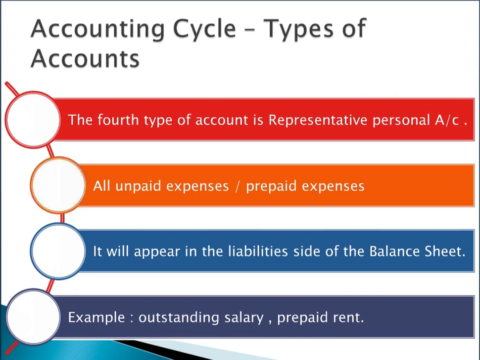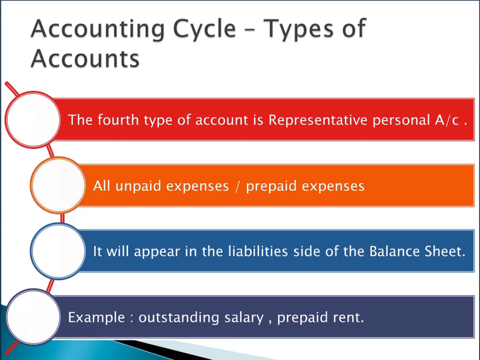Examples are all unpaid expenses and prepaid expenses. For example, we did not pay the salaries. So this unpaid salary will appear on the liability side of the balance sheet. It represents the workers to whom we have to pay salary. So it's a representative personal account. It's also prepaid rent.